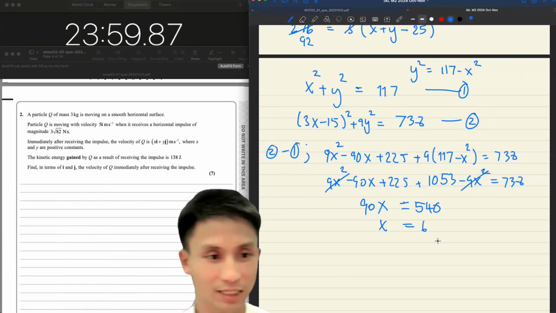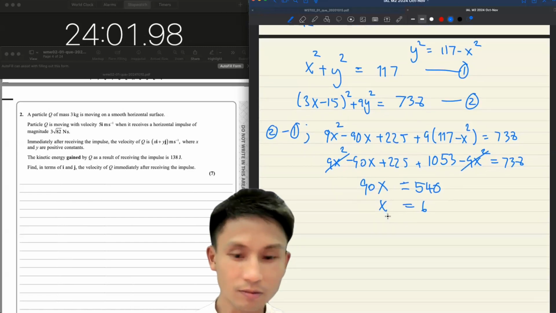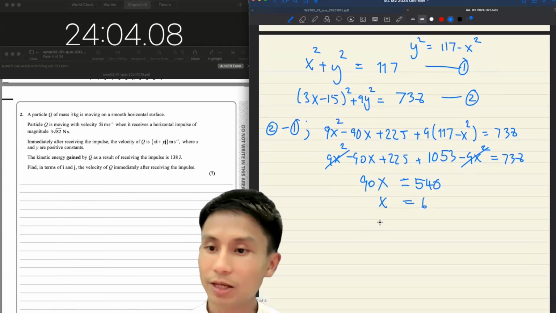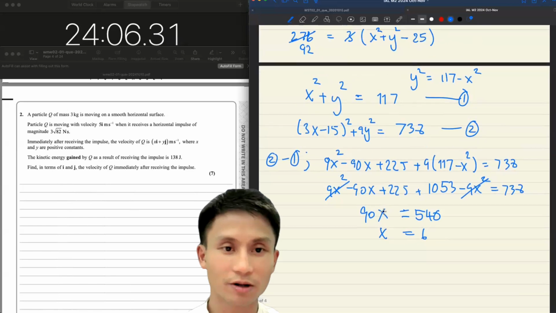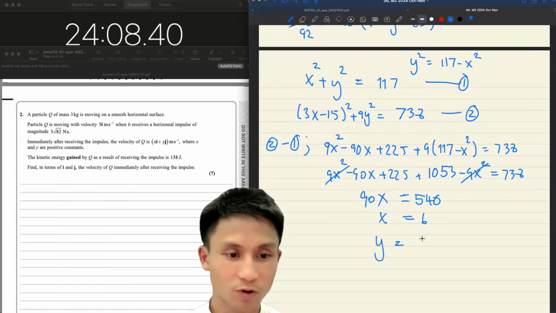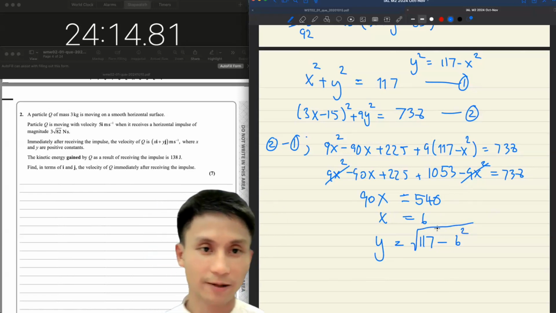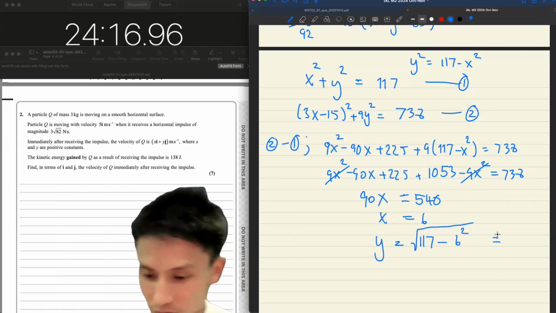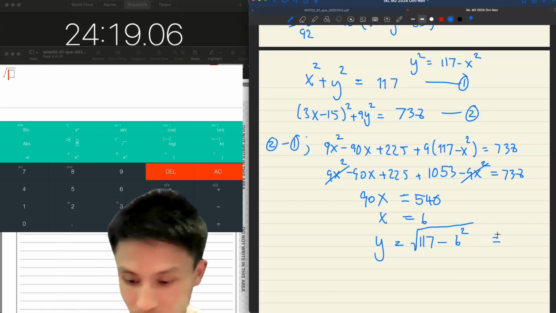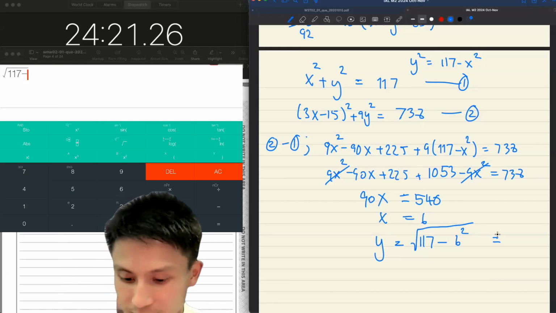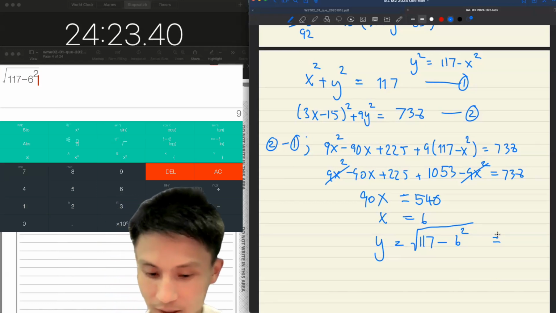So x equals 6 actually. That means y would have to be what? So y is the square root of 117 minus 6 squared, with y being a positive constant.